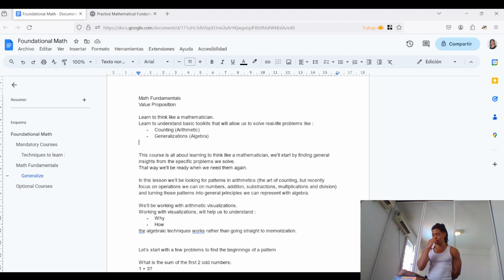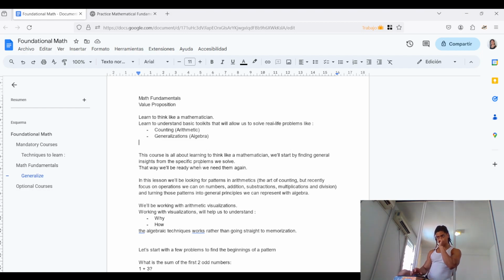So the whole point is to understand that and reinforce it, and when you start to see these patterns, apply them to real life problems: counting, arithmetic, generalizations, and see how we can do that.